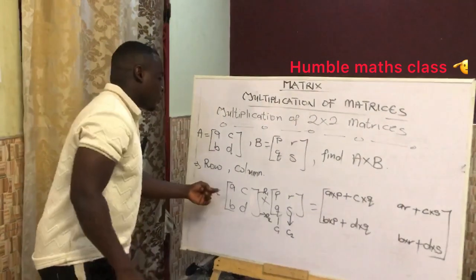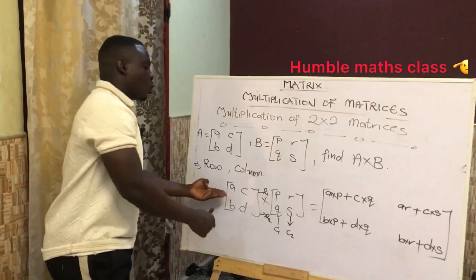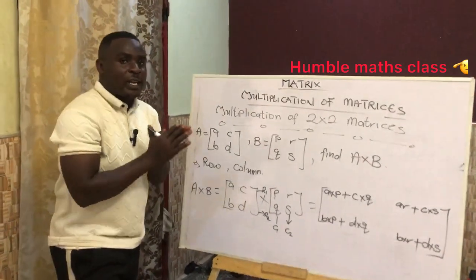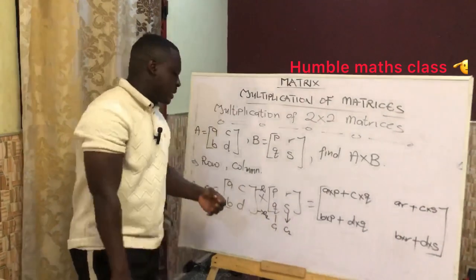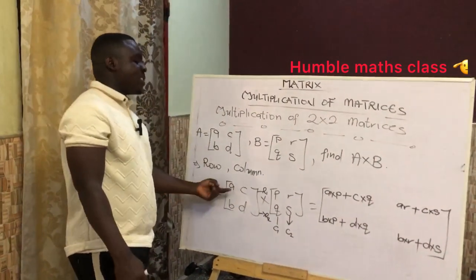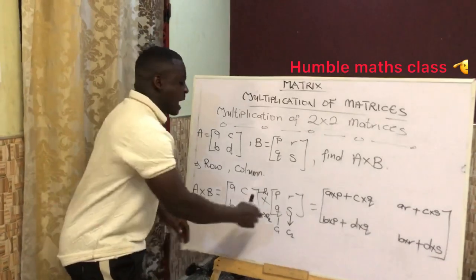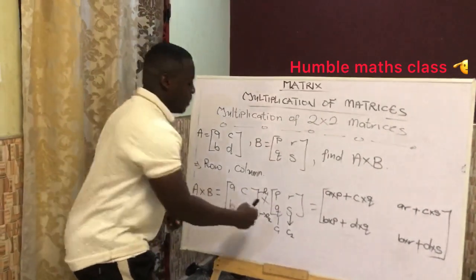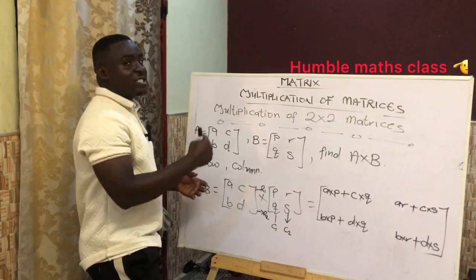I go over again. When you're supposed to multiply A and B, you consider the first row in the first matrix and the first column in the next matrix. So here, the matrix A, the first row is A and C. So that's the first row in A. And I'll consider the first column in B, that's P and Q. So now I'll multiply each element.